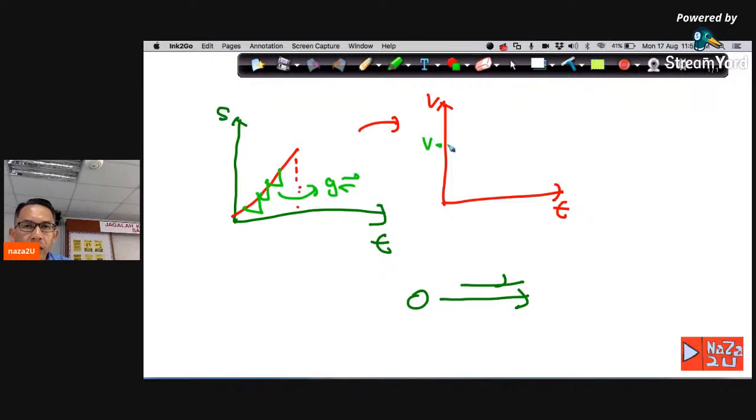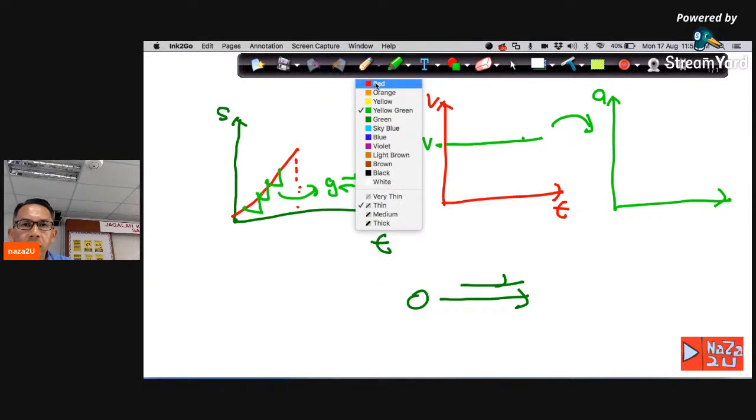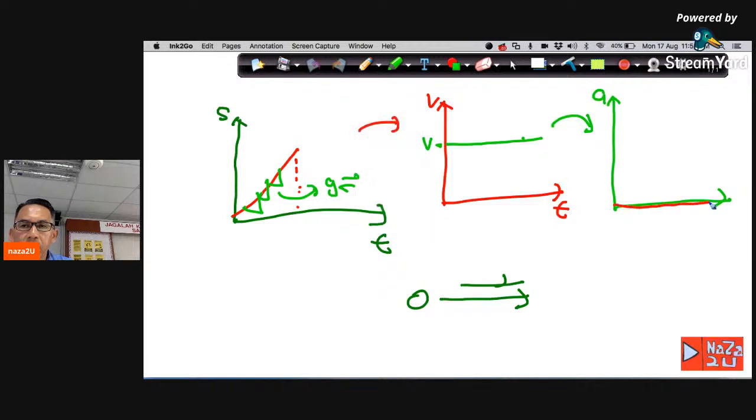Maksudnya V dia adalah lurus. Tapi kalau kamu convert graf ini kepada A versus T, because constant velocity meaning zero acceleration, dia tak ada pecutan, dia bergerak dengan V yang seragam. This is a constant V. Meaning A is equal to 0.